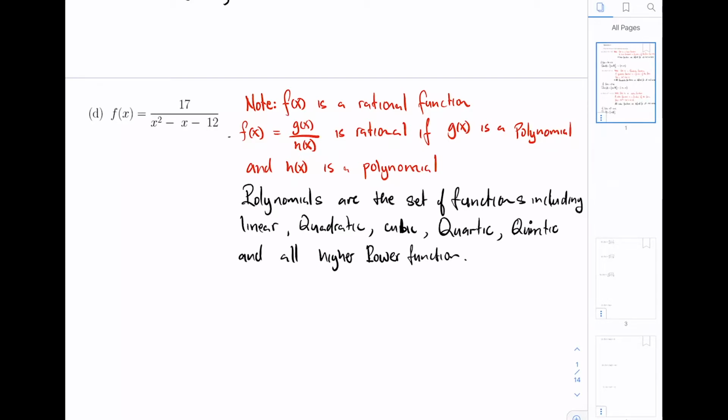Okay, so I know that's a lot to note, but that describes the set of all polynomials, right?